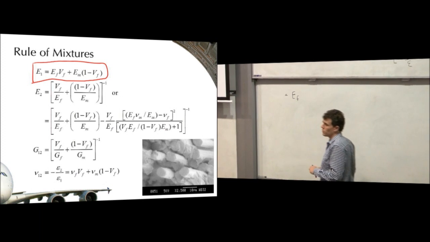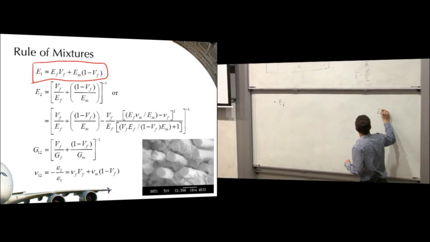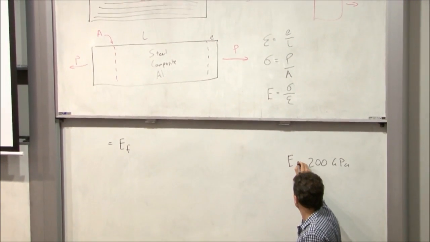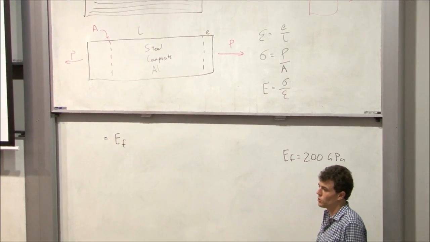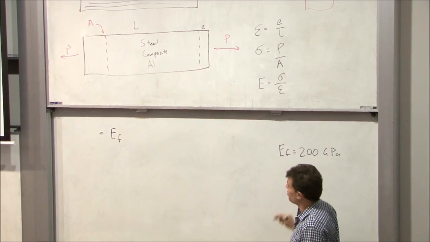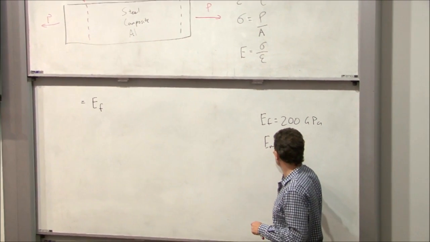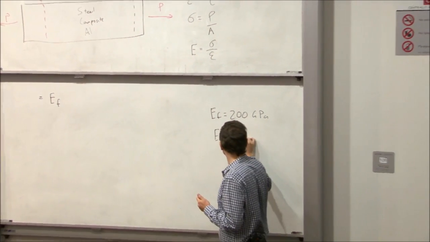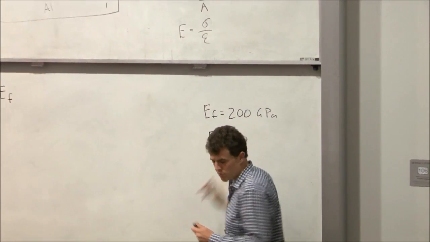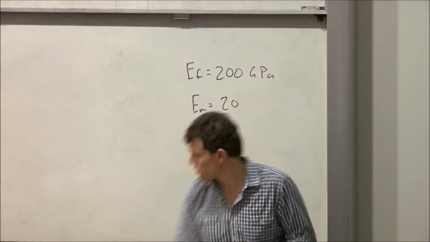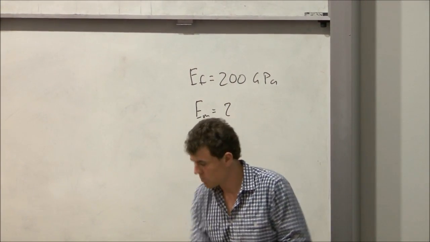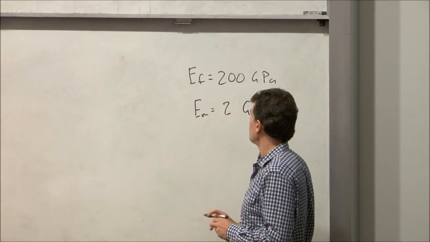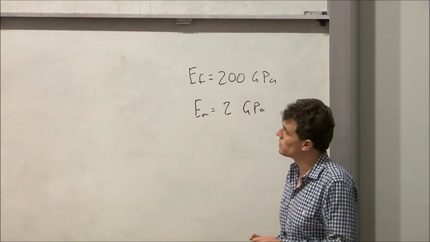So E for the fibre, what we said was approximately 200 gigapascals before. And what did we say the E for the matrix was? About 20. Actually, modulus is probably lower than that. It's probably more like 2 gigapascals. The strength is about 20 megapascals. So about 2 gigapascals.